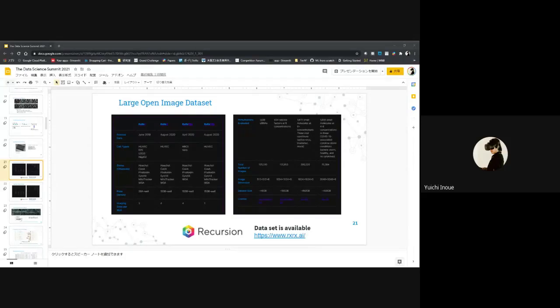But you can start with not so expensive resources. You can start with Google Colab.